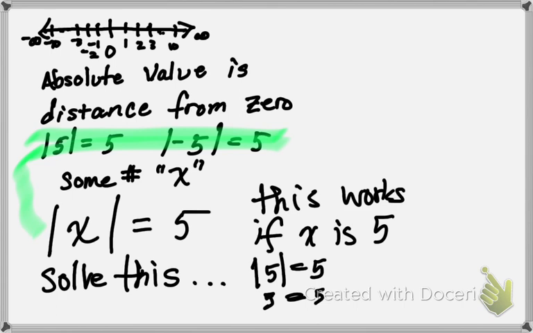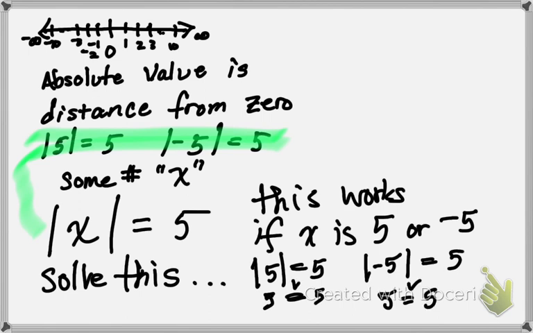And it also works for -5, because the absolute value of -5 is 5 also, and 5 definitely equals 5. This is a true statement, and this is a true statement.